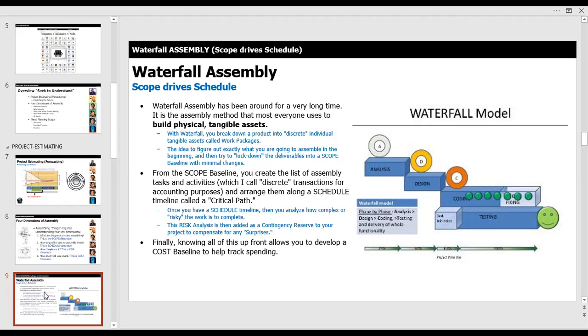Risk is when you come in after you've laid out what you're going to build and your schedule, and you identify things that could go wrong with each work package. Oh, if this doesn't happen or if that doesn't happen, then these things occur. You have the risk statement, if then else. And that then adds what's known as contingency reserve to your project schedule.